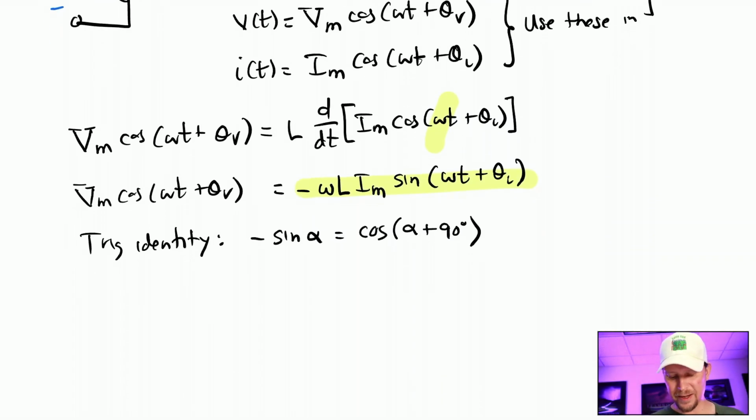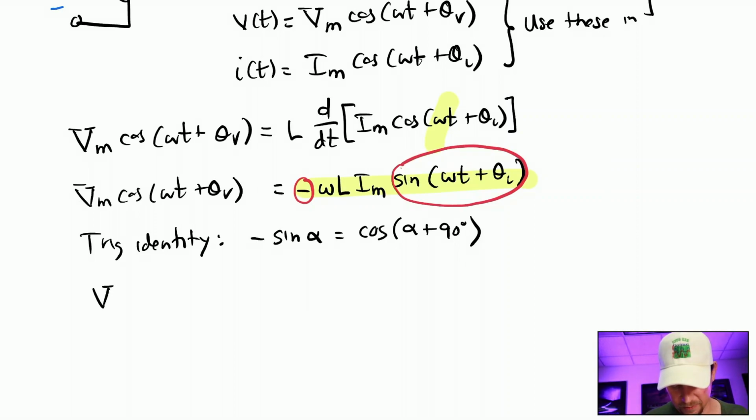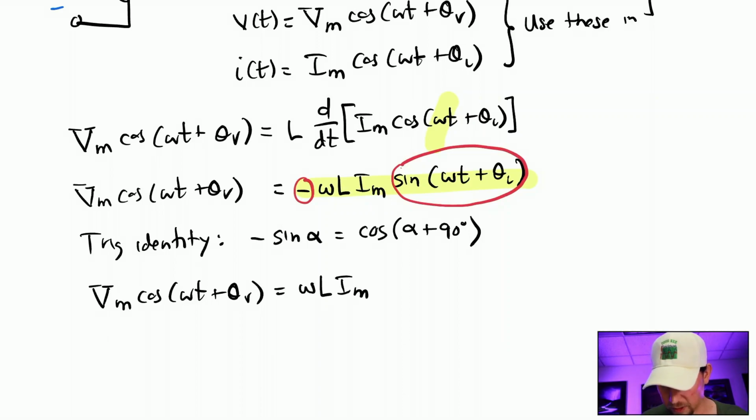Notice that I can essentially absorb this minus sine in this sinusoid using that identity, and I can rewrite that side in the following manner. So the left side is left untouched, but by using this identity, I can turn that sinusoid into cosine of omega t plus 90 degrees plus theta sub I.